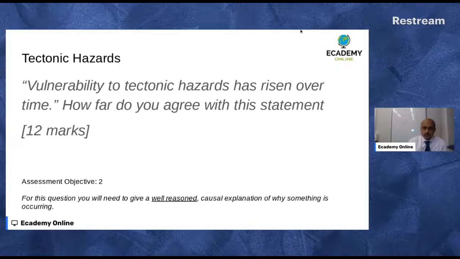Okay, so now we're going to move on to looking at a tectonics answer, and we're going to look at the statement: the vulnerability to tectonic hazards has risen over time. How far do you agree with this statement? I'm just going to give you 30 seconds or so to quickly jot down the question, not the answer, and then we'll go through this together.